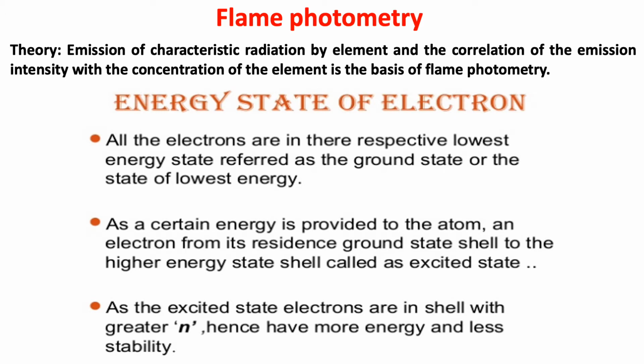If you flash some light on this element or atom, for example put some photons onto it, photons are nothing but packets of energy. From the photons, energy is transferred to the electrons present in that atom.